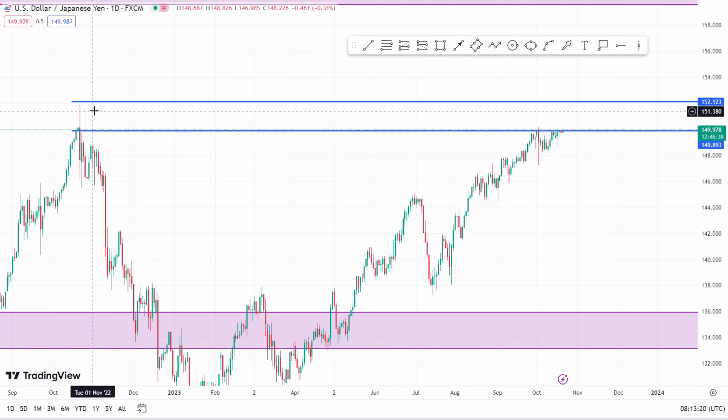So in weekly, this candle was a bearish pin bar, and in daily, when you look at this candle, you are going to realize that this candle has been engulfed by this one. So this is a bearish engulfing pin bar on the daily. So the possibility of the market to turn down is high, right?